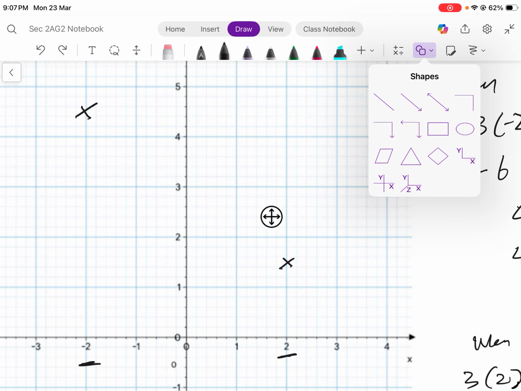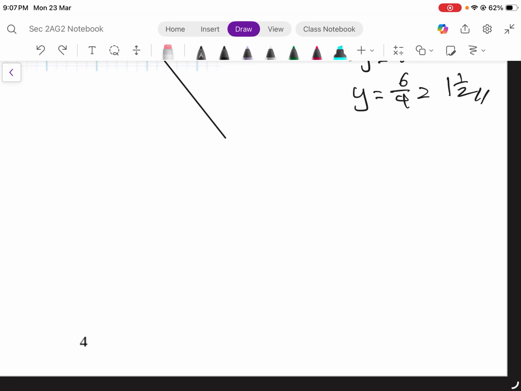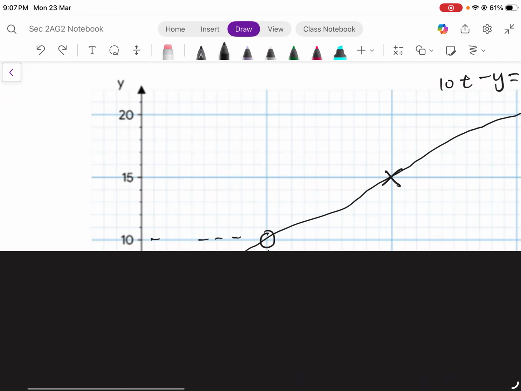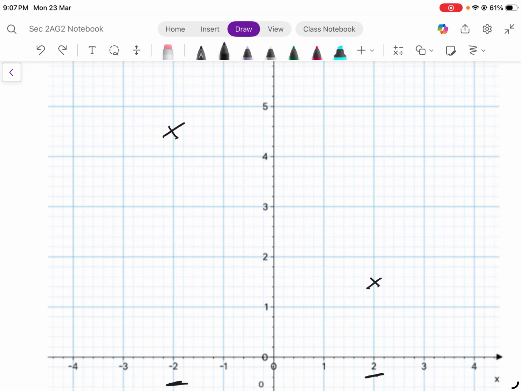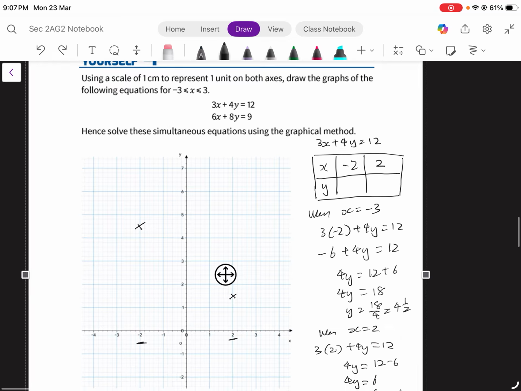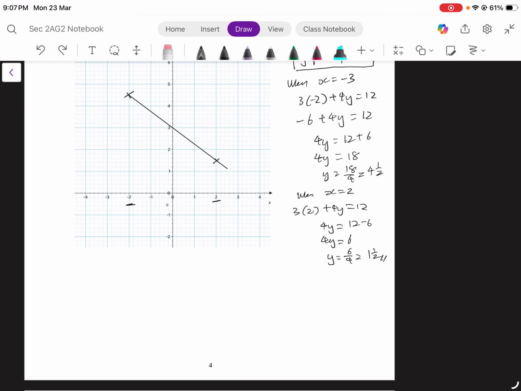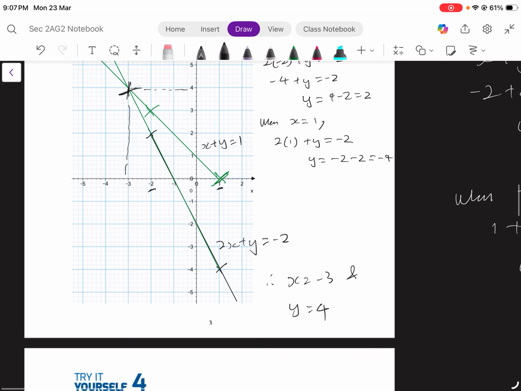One last time. It's a bit hard to get this right, so we just have to do with estimation. All right, see if this works. Okay, I think this should do fine.